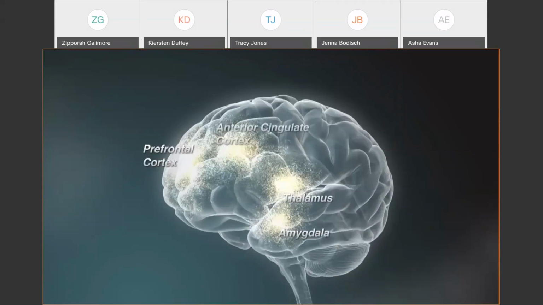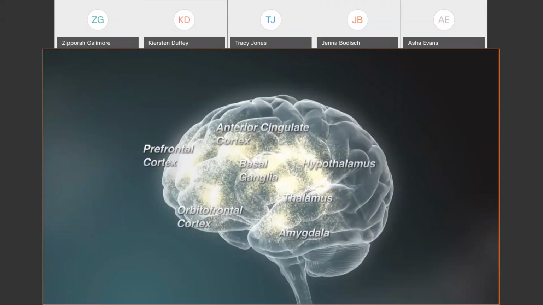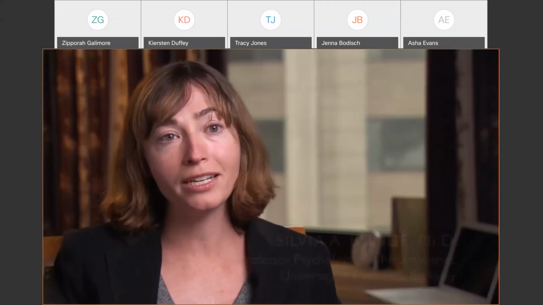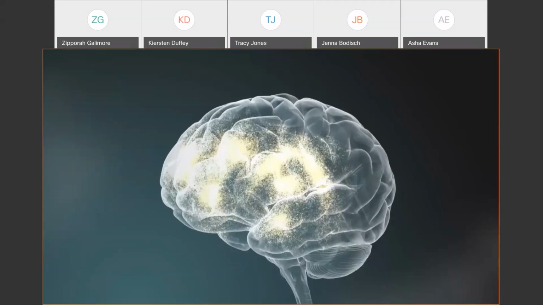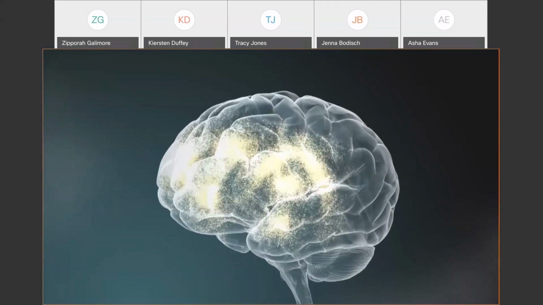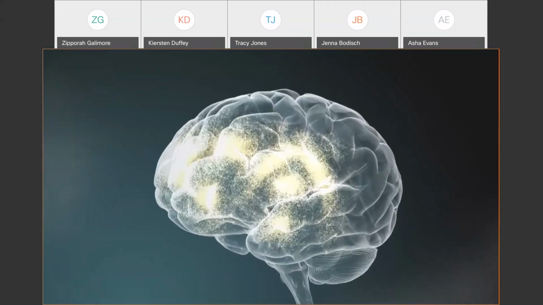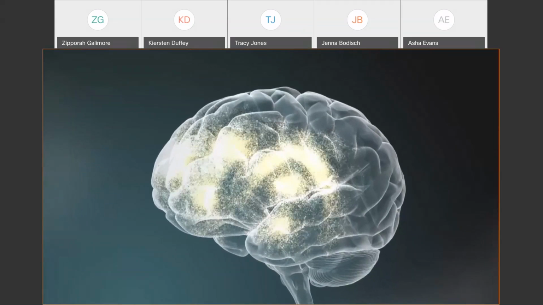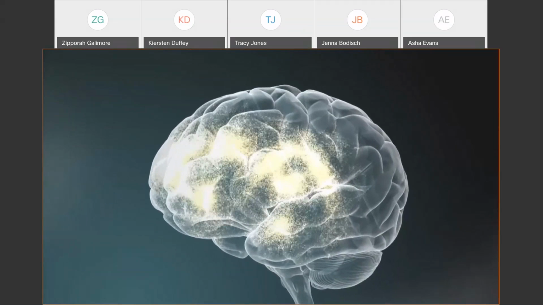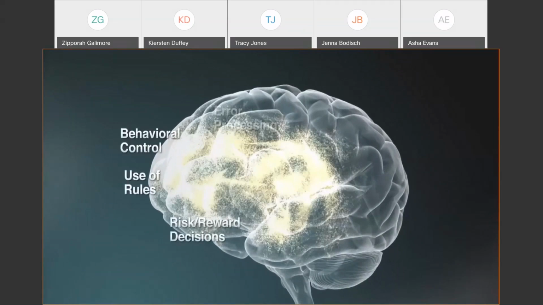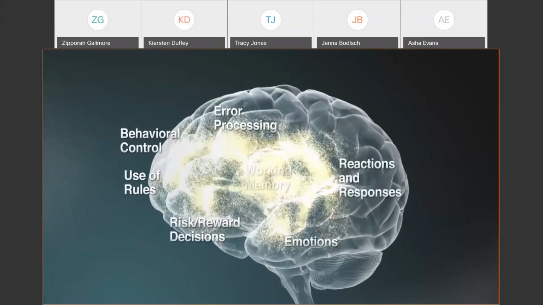But it's more than just prefrontal cortex. This region doesn't act alone. It's involved in controlling your behavior through its interactions with all other parts of the brain. The brain goes from a situation where you've got nearest neurons communicating very strongly with each other and ignoring the rest of the brain, to these widespread networks that are connecting these different areas.